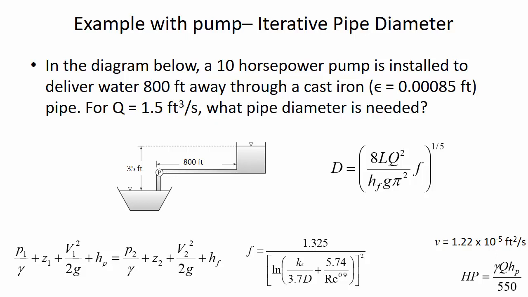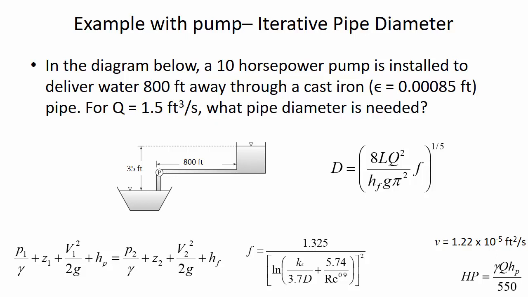So P1 divided by gamma plus Z1 plus V1 squared divided by 2G plus H sub P. This time we do have a pump, so oftentimes we write the energy equation without pump head, but this time we're going to include it. Equals P2 divided by gamma plus Z2 plus V2 squared divided by 2G plus H sub F.